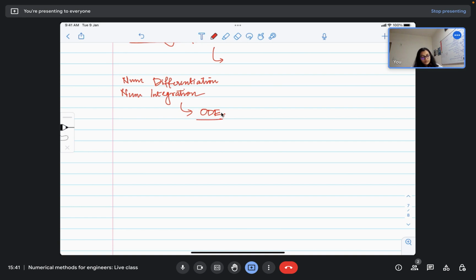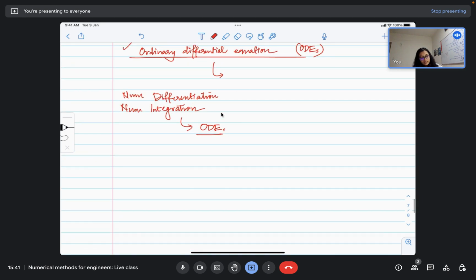In ODEs, we will see how we address initial valued problems, where we are provided with the initial conditions and are expected to find the behavior of the function.